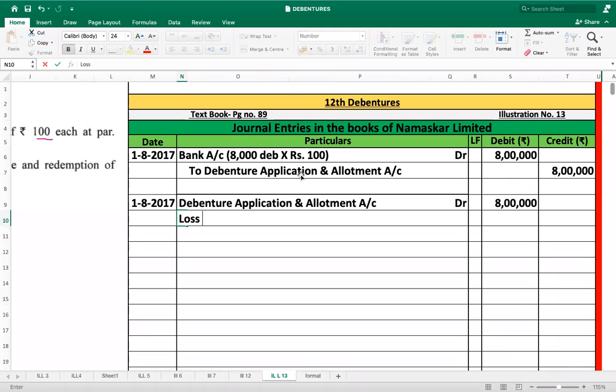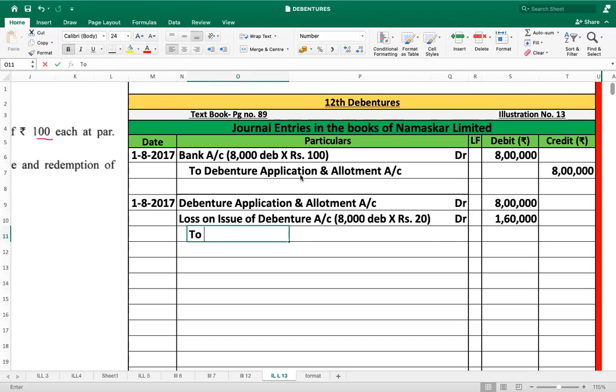So, I will debit loss on issue of debenture account. Now, what will be the loss I have committed, the extra amount? 8,000 debentures into rupees 20. It comes to 1,60,000.